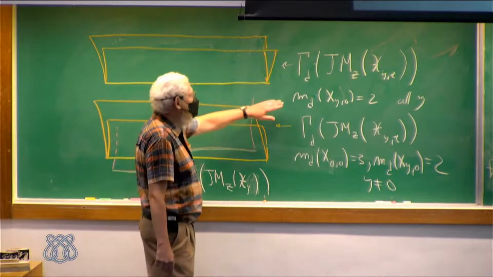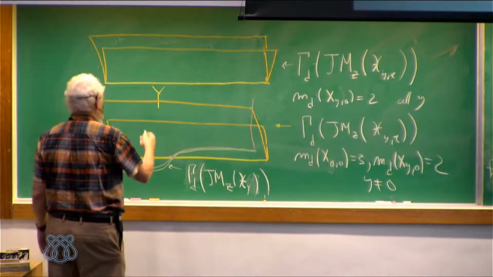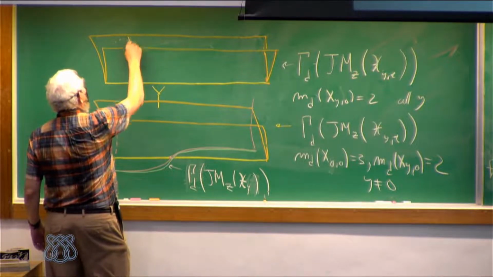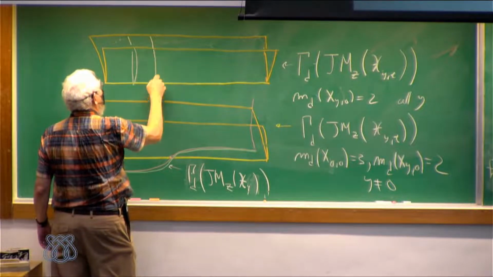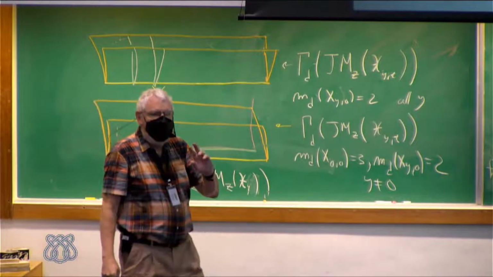And now, if we look at MD, we see that it's 2 because here are the polars for fixed y. And we see that all along here, there's only 2 sheets.